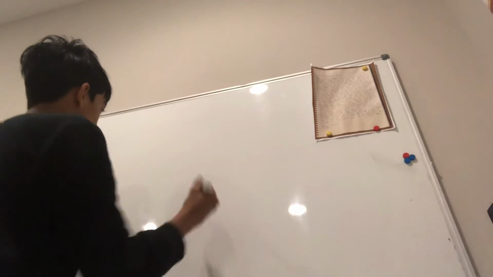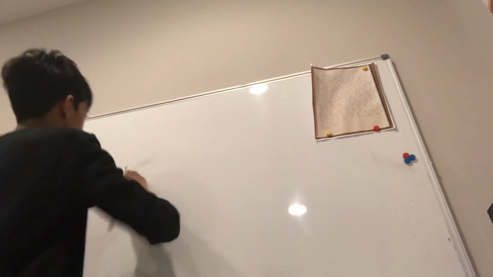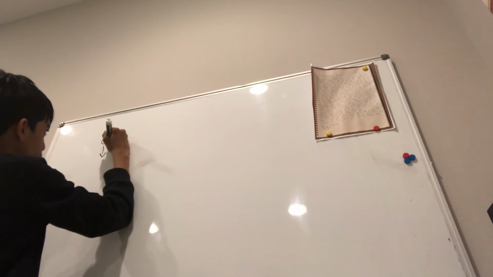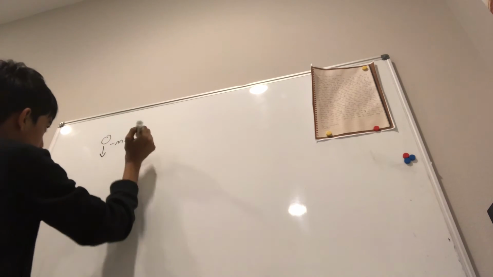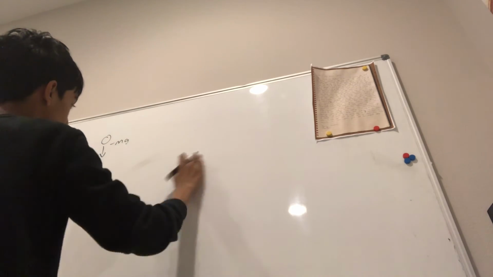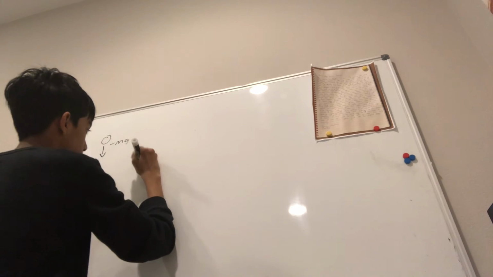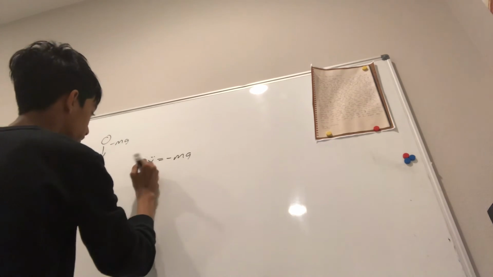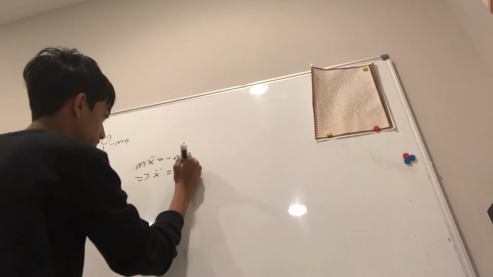And you see, let's say we have a ball falling, right? And the force on it would just be negative mg, where mg is positive. And we can write it in terms of Newton's second law. So if we have m x double dot is equal to negative mg, meaning that x double dot is equal to negative g.